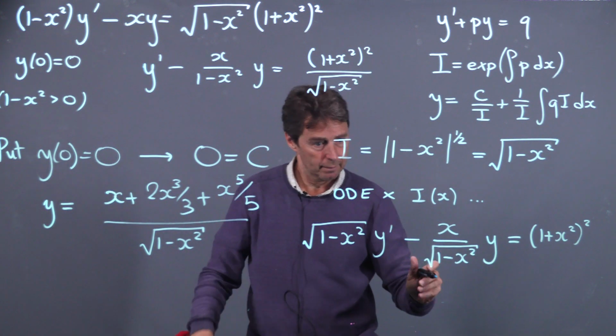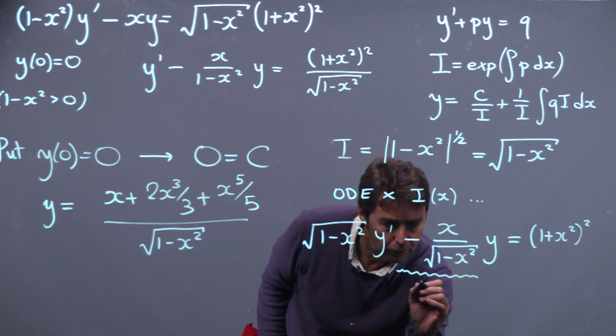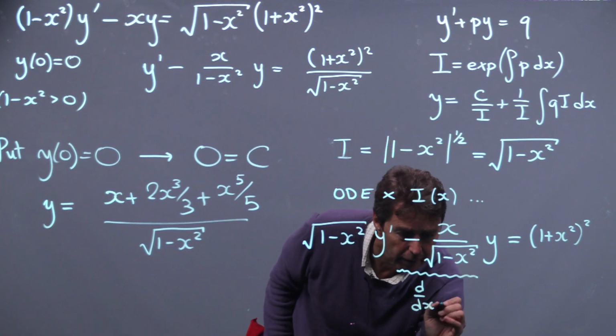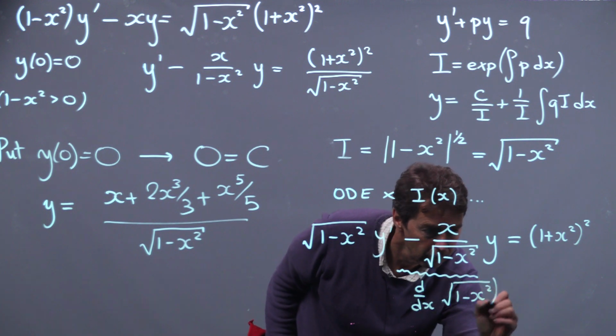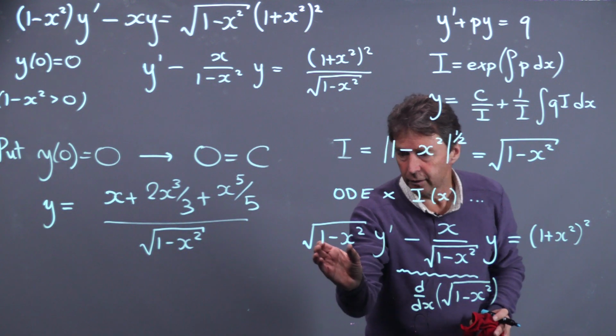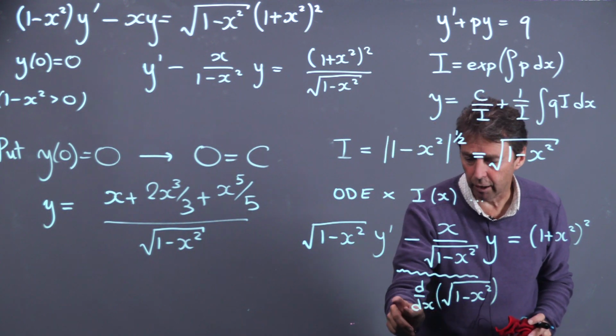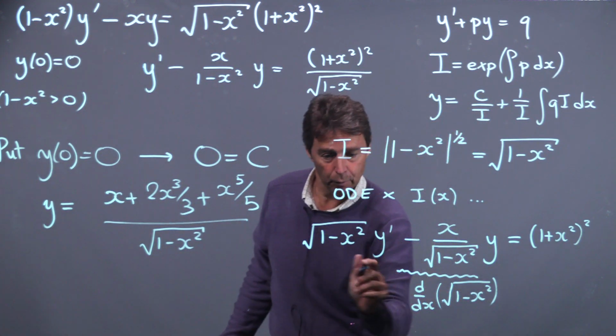And the whole point is that that coefficient there is nothing more than d by dx of the square root of 1 minus x squared. So in other words, this is the square root times y prime plus the derivative of the square root times y. That's the derivative of the product.